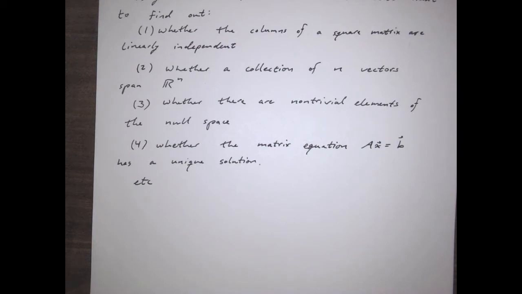We will be doing them more in the world of functions than of vectors in Rn, but the principle is the same. The main kinds of determinants that we'll be making are the Wronskian determinant, which will help tell us if a collection of functions are linearly independent from each other. And then there is the Jacobian determinant, which has applications for systems of linear equations or also just vector calculus as well.